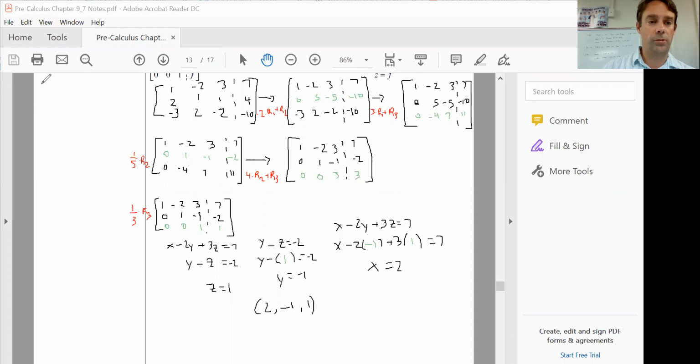Let's see here, 2x plus y minus 5z equals negative 21. x plus 2y minus 2z equals negative 15.